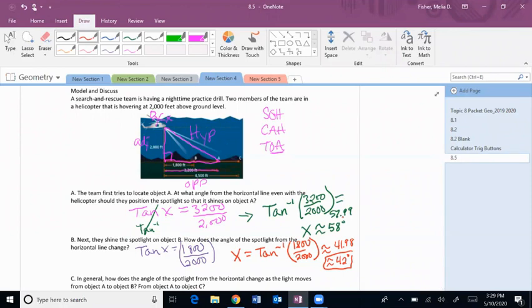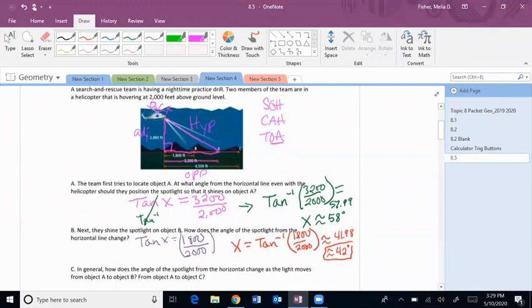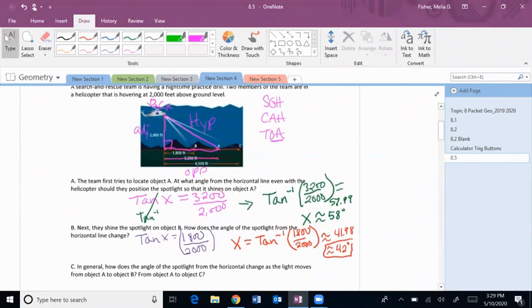In general, how does the angle of the spotlight from the horizontal change as the light moves from object A to B or from object A to C?